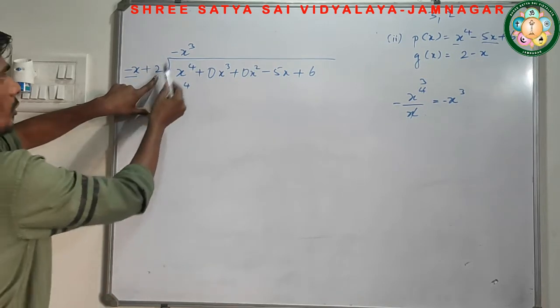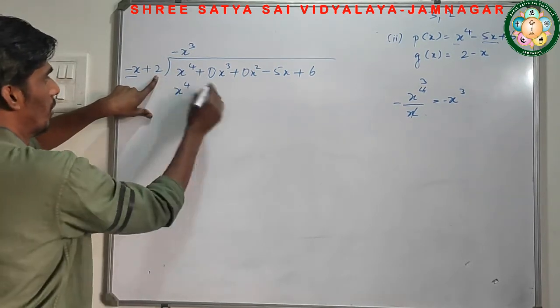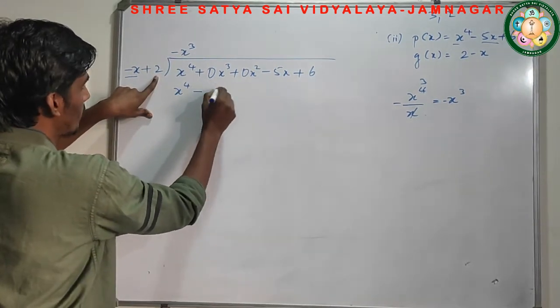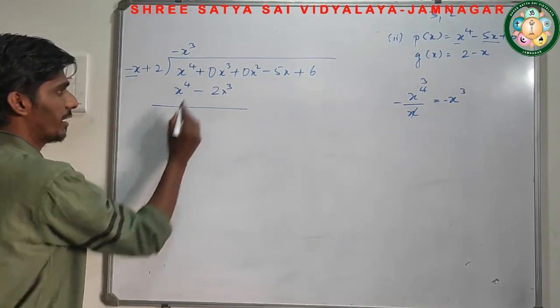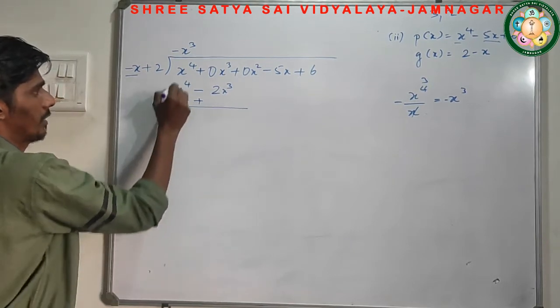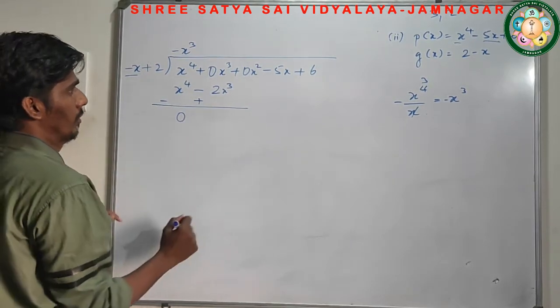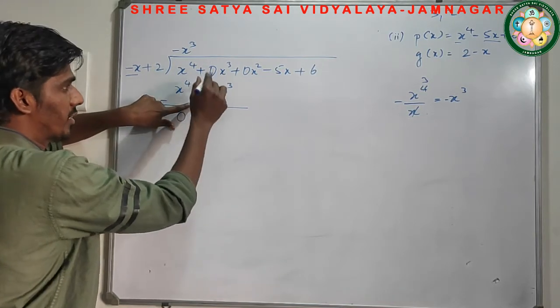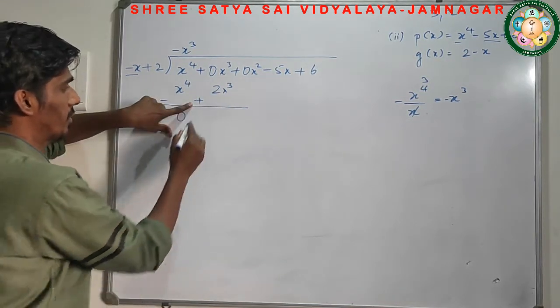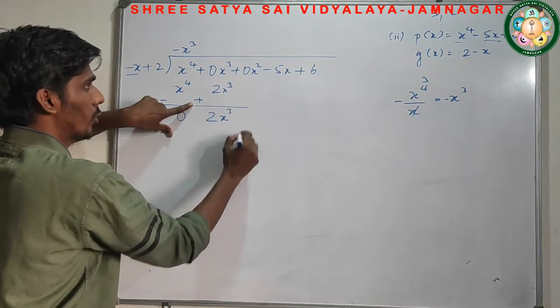Now 2 into x cube is minus 2x cube. Change the sign, minus becomes plus, and this is minus 0. Now here nothing is there, 0 into anything is 0. So this sign is nothing. So only 2x cube.